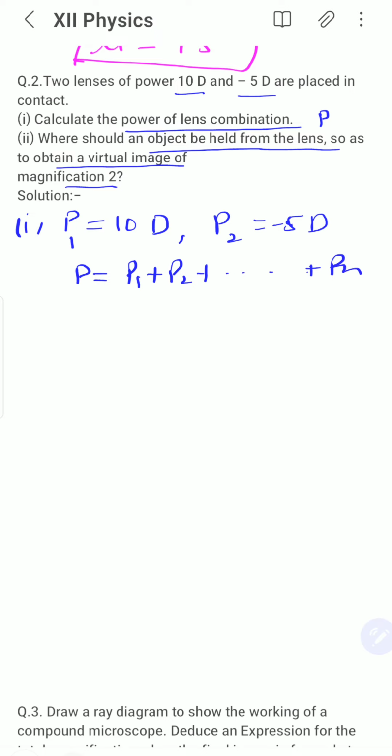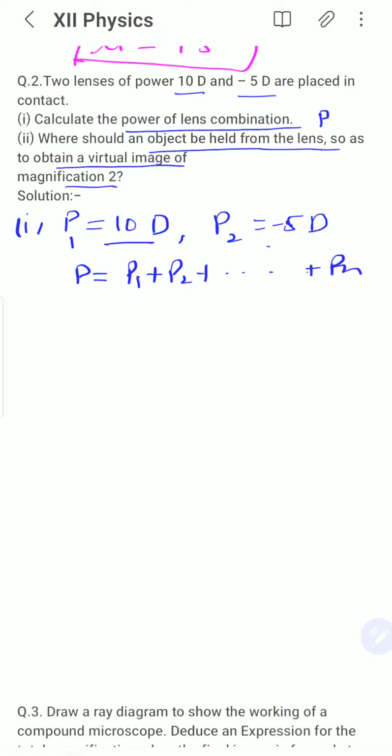So what is the power? We have two values: the first power is 10D, and the second power given in the question is P2 equal to minus 5D. We know that the combination of powers is P equal to P1 plus P2 and so on up to Pn.